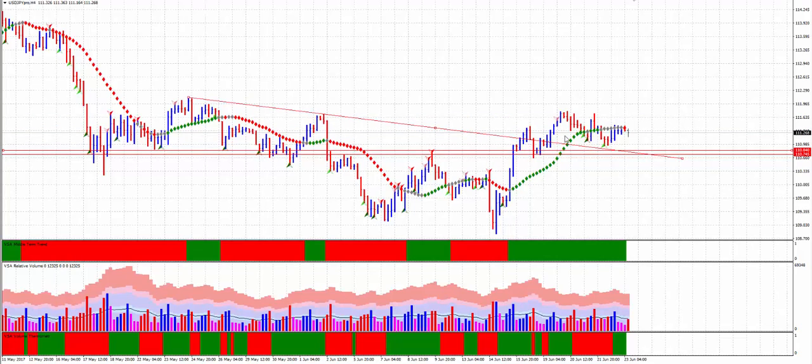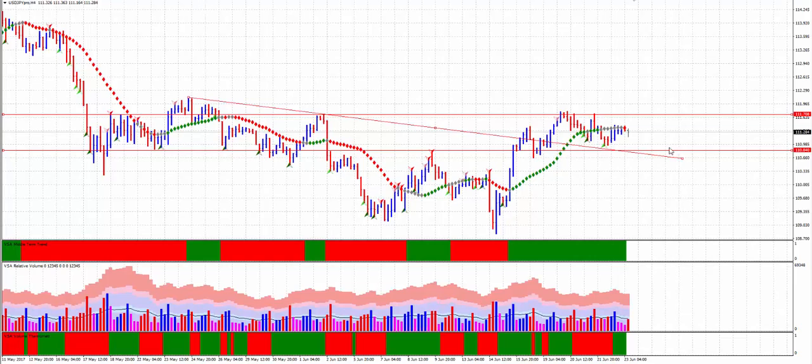So we have seen some strength come in, but we do have resistance up at this level here. So clearly now it's within this range, and it's mostly going sideways.